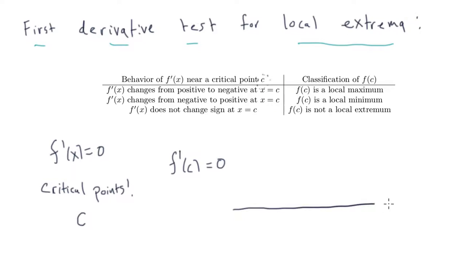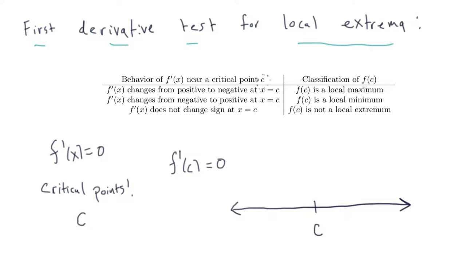And so if we look at a number line, if we put c here, what we can do is look immediately to the left and immediately to the right. So one of 3 things is going to happen. Either f prime is going to be changing signs from positive to negative.